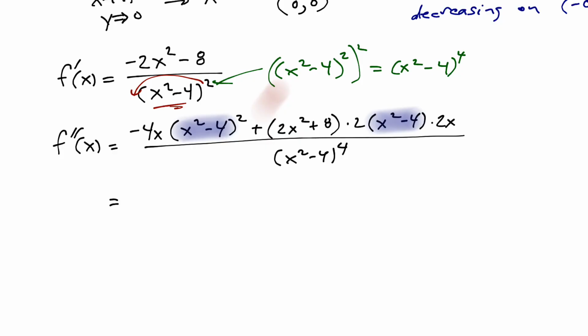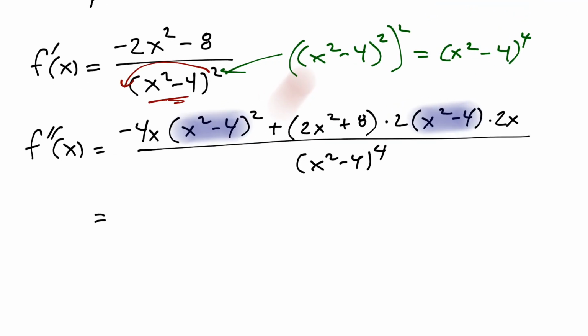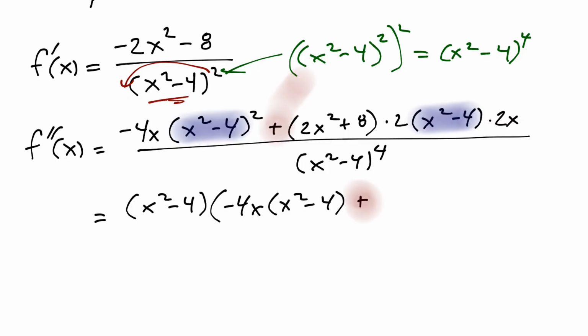And so I can factor that to the front, and it will actually cancel with the denominator. So I'm going to factor out x squared minus 4. It leaves behind negative 4x times x squared minus 4. And then the plus sign up here is the same as the plus sign there.